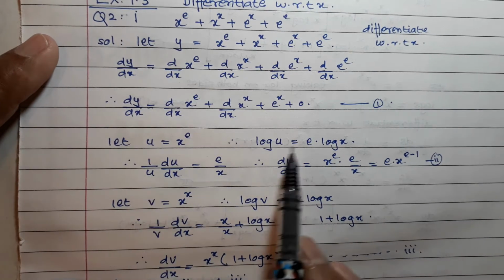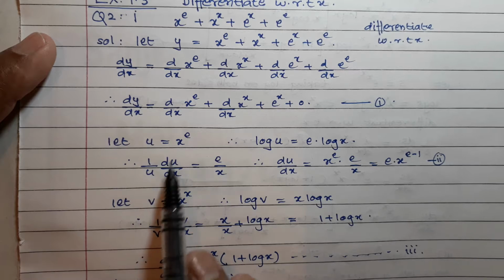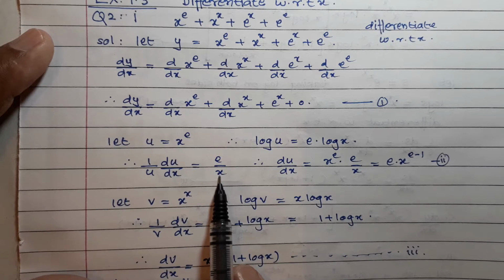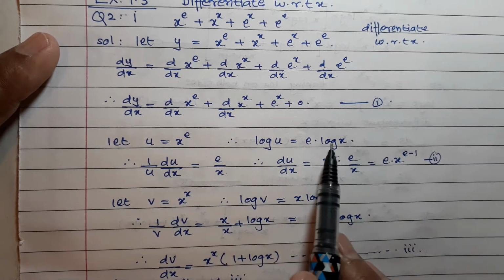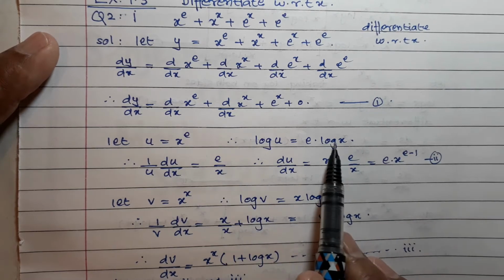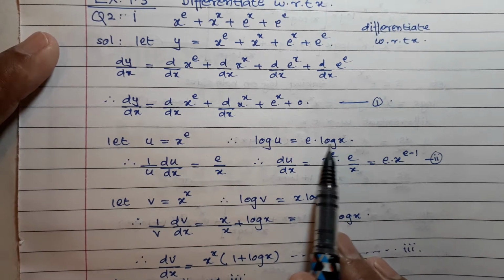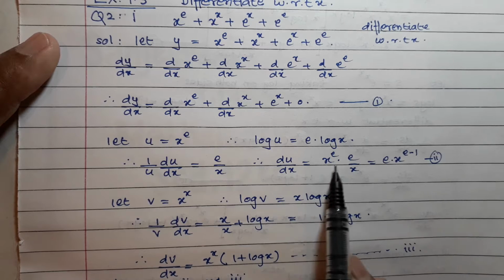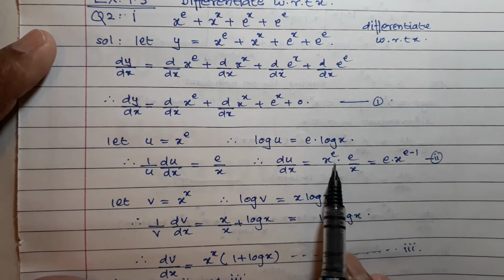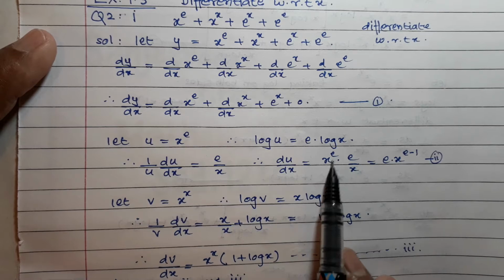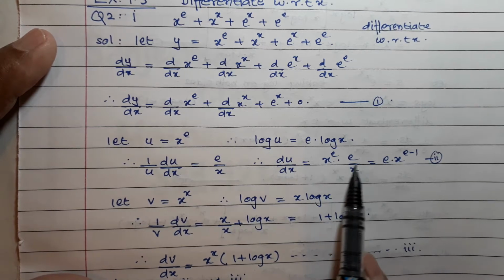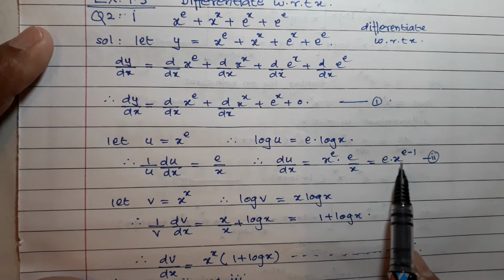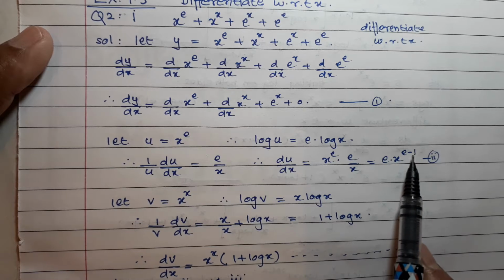Differentiate this with respect to x. 1/u du/dx = e/x, since e is a constant and the derivative of log x is 1/x. Therefore du/dx = u times e/x, so x^e times e/x, which is e times x^(e-1).